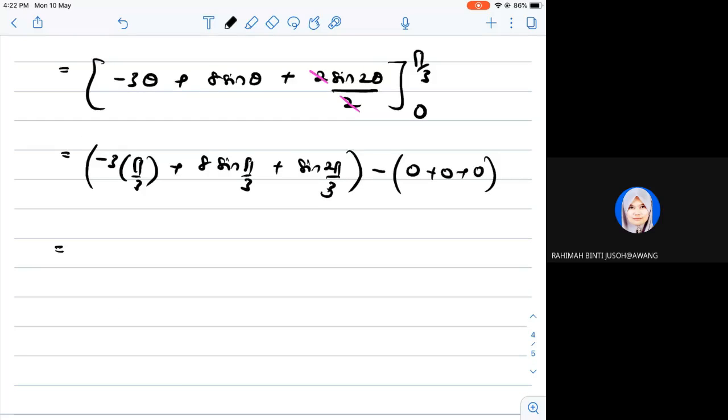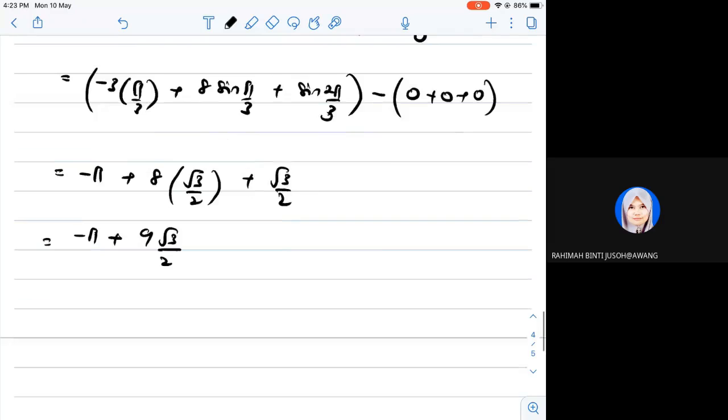So we will have negative pi plus 8 sin 60, which gives square root 3 over 2. For 2 pi over 3, which is 120 degrees, it is also positive, so square root 3 over 2. So we will have negative pi plus 8 plus 1, 9. Alright, so that's the answer.